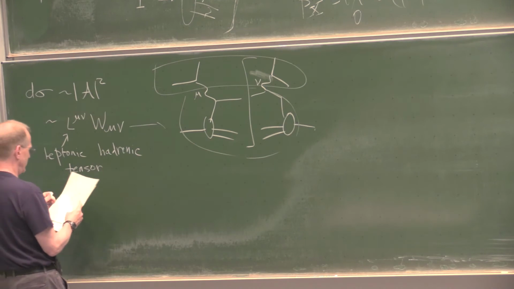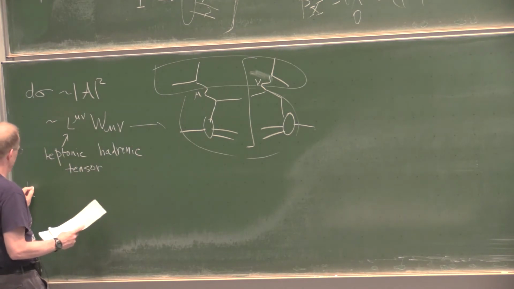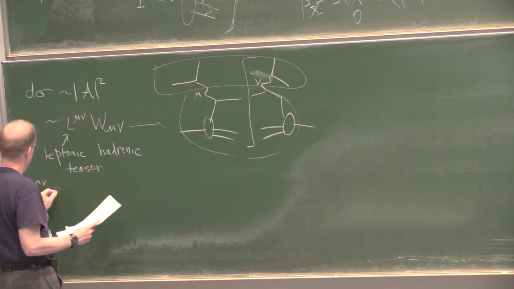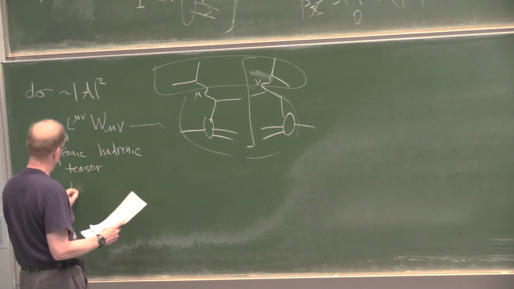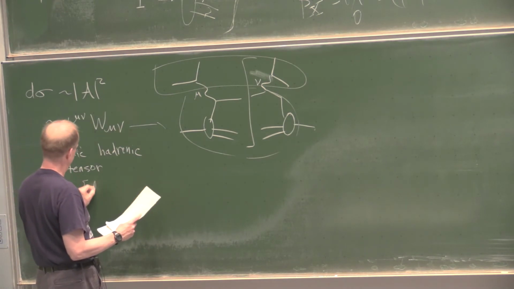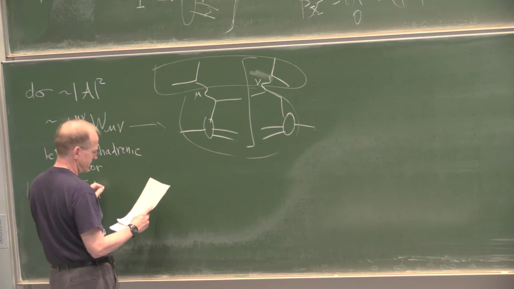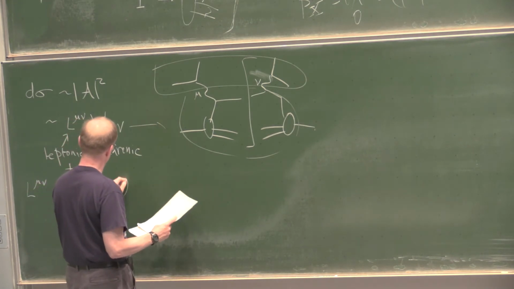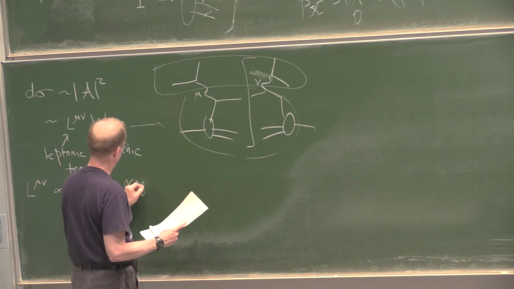And the leptonic tensor is proportional to a Dirac trace of L1 slash gamma mu, L2 slash gamma nu.